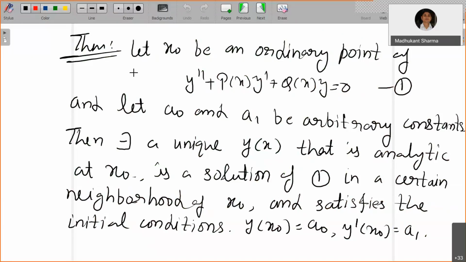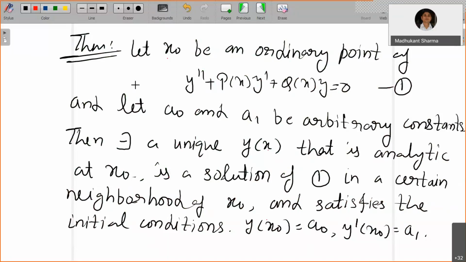Okay, so what it says is: let x naught be an ordinary point of this second order linear homogeneous differential equation. Then there exists a unique y that is analytic at x naught and is a solution of equation 1 in a certain neighborhood of x naught, and satisfies the initial conditions y at x naught equals a naught and y dash at x naught equals a1. The initial conditions are required for the uniqueness of the solution.